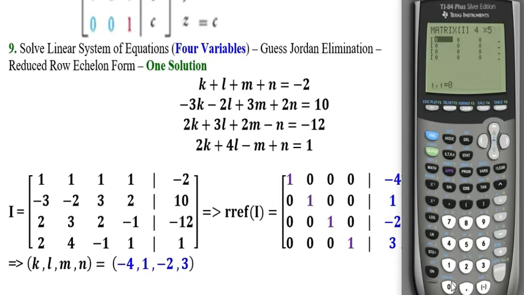For K we have 1, minus 3, 2, 2. For L, it is 1, minus 2, 3, 4.